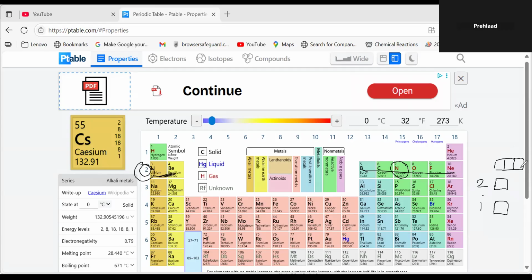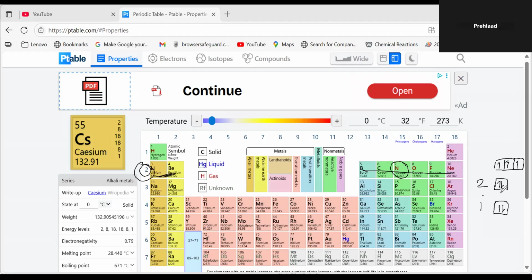So we have 7 electrons. First you fill one electron, then the second electron. 1s is complete. Then you go to 2s. One electron is complete, second electron is complete. Then you go to 2p: 1, 2, 3.